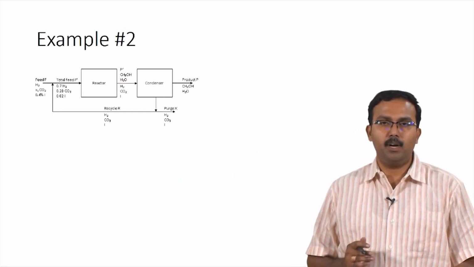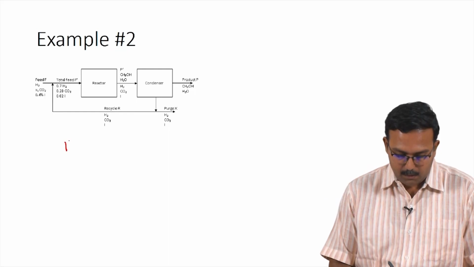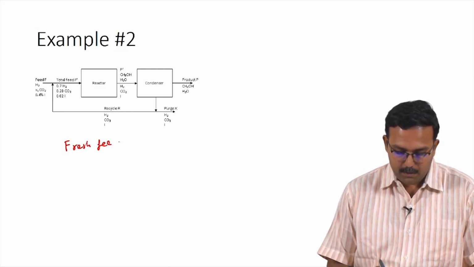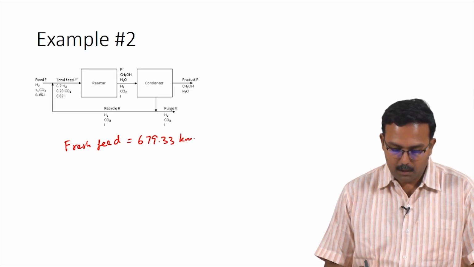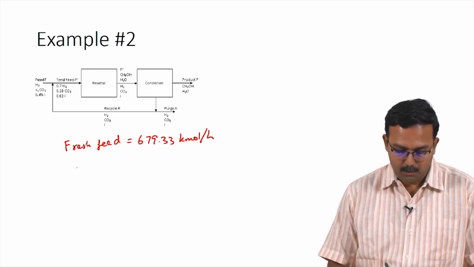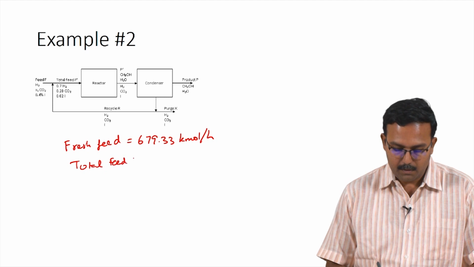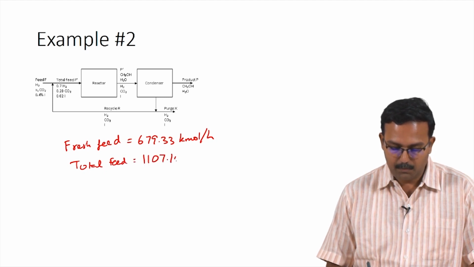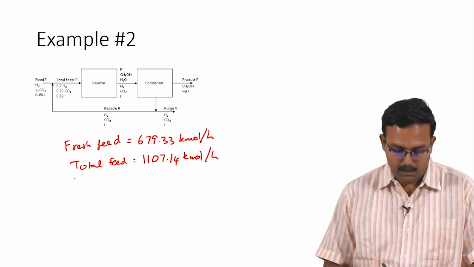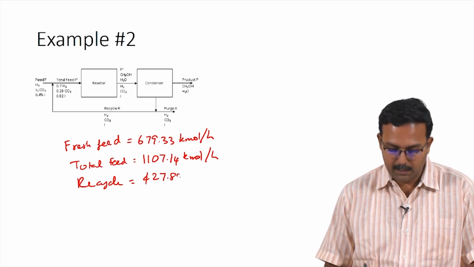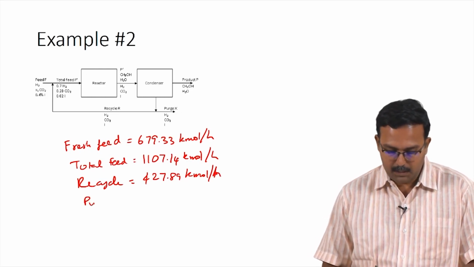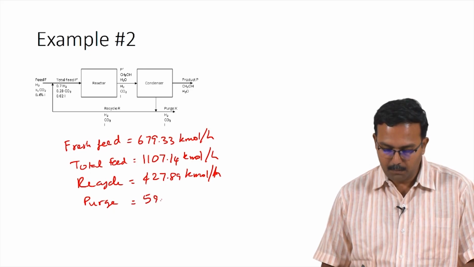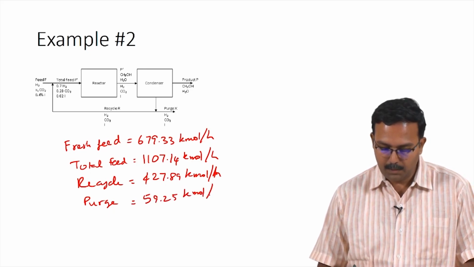Based on the calculations we have performed, we can summarize the final answer as: we have fresh feed coming in at 679.33 kilomoles per hour, total feed coming in at 1107.14 kilomoles per hour, recycle stream coming in at 427.89 kilomoles per hour, and the purge stream flowing at 59.25 kilomoles per hour.